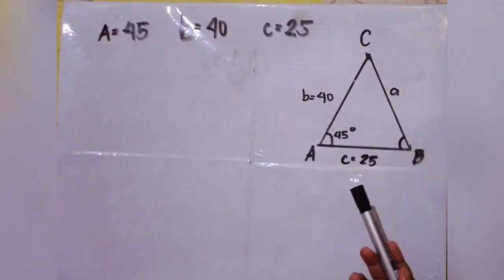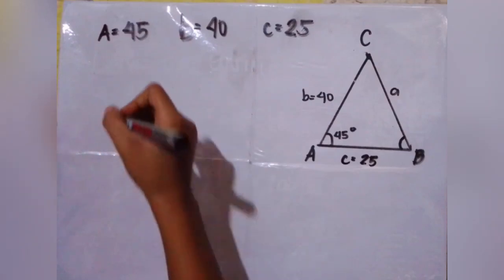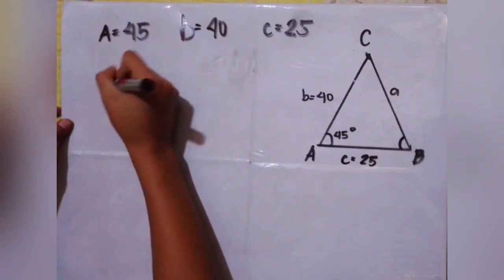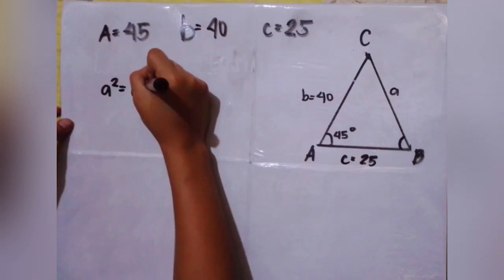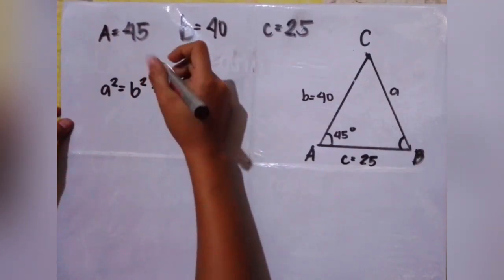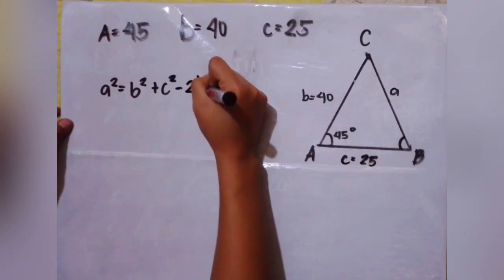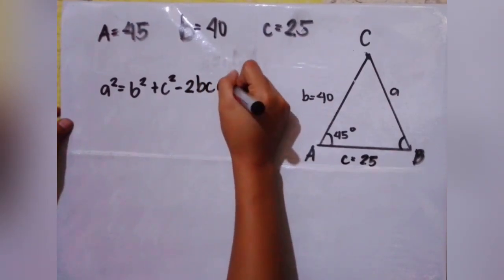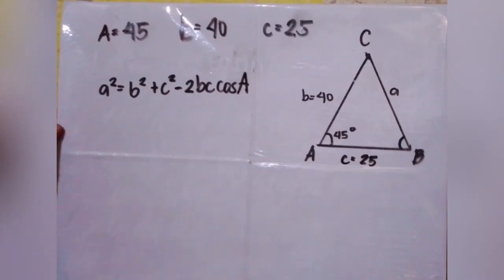Using the law of cosines to find the side opposite the given angle, we will find the side A. So, A squared is equal to B squared plus C squared minus 2bc times cosine A. Then, we're going to perform the indicated operations.